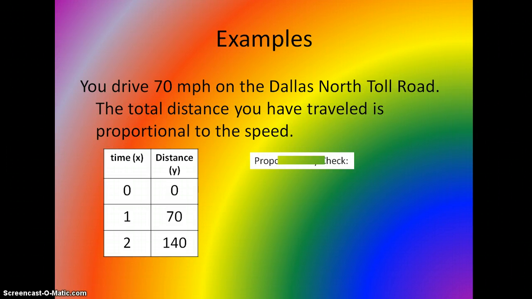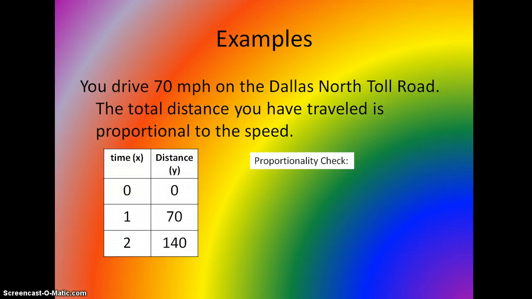I can also take a look at the proportionality of this table, and this is how we're going to know if this is direct variation or not. I check the proportionality by setting x is to y as x is to y and checking to see if the two fractions are equal.